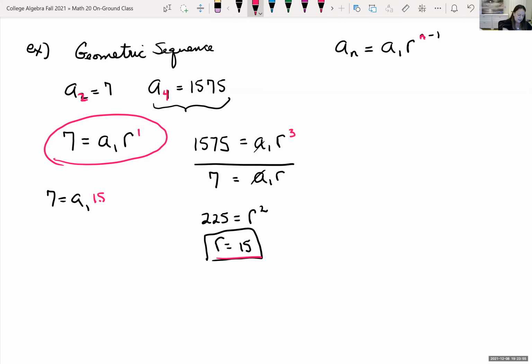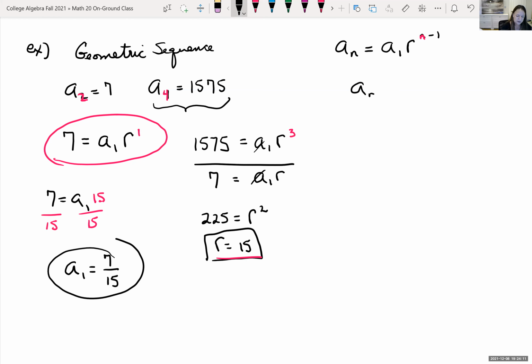Let's divide both sides by 15 to get what a sub 1 is. So a sub 1 is equal to 7 over 15. So our nth term is equal to our first term, 7 over 15, all times r, which is 15, raised to the n minus 1 power.